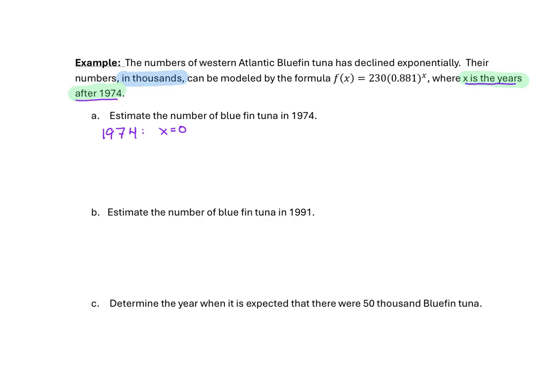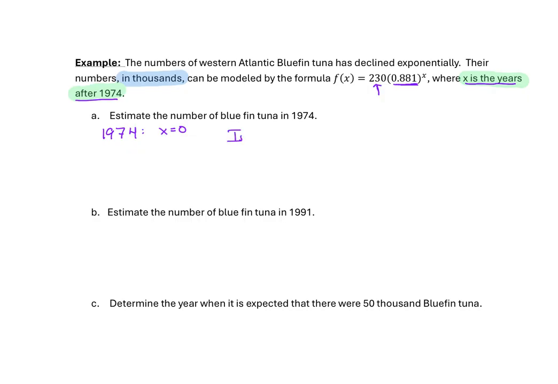Remember, when we first talked about exponential functions, the number with the exponent was our base multiplier, and the number outside was our initial value. So for this one, we don't need to do any work. We just want that first number.